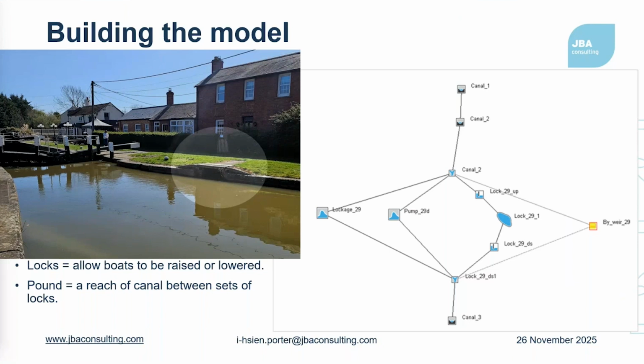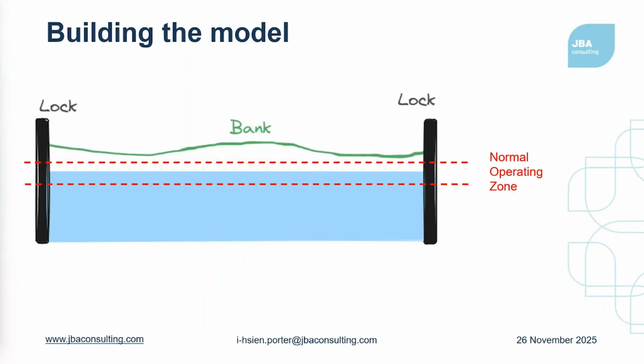And what all of these structures are trying to do is to regulate the water level within what's known as a normal operating zone. So this is a water level that's contained within the banks of the canal with plenty of freeboard. It's high enough so that boats can navigate the canal without running aground, but it's not so high that the boats float so high in the water that they have difficulty with navigating bridges and tunnels.